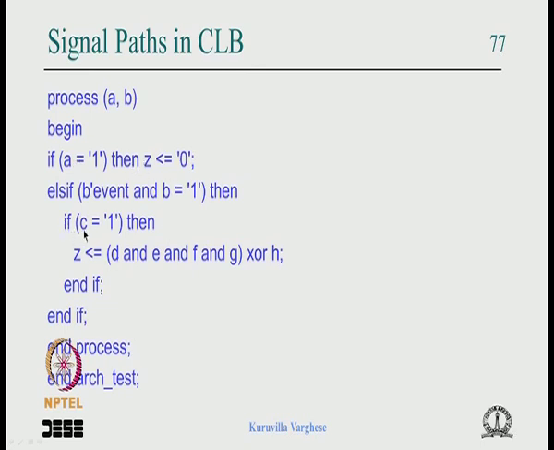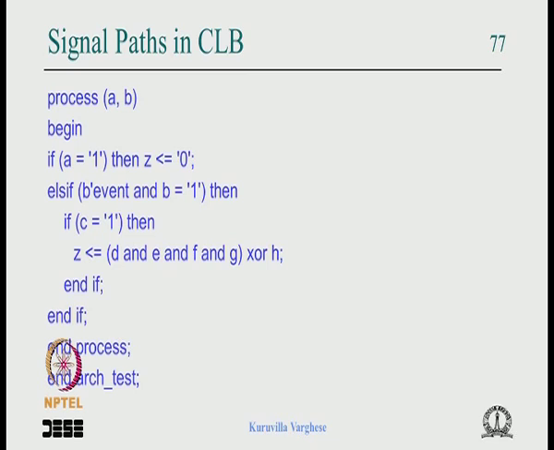Underneath we say if C is 1 then Z is D and E and F and G XOR H. So we again know that when you say under this if C is 1, it is a control signal. So this can go to the clock enable because that can enable the recirculating muxes, and Z is the AND of a 4 variable XOR the 5th variable, and we have discussed this in the last lecture.